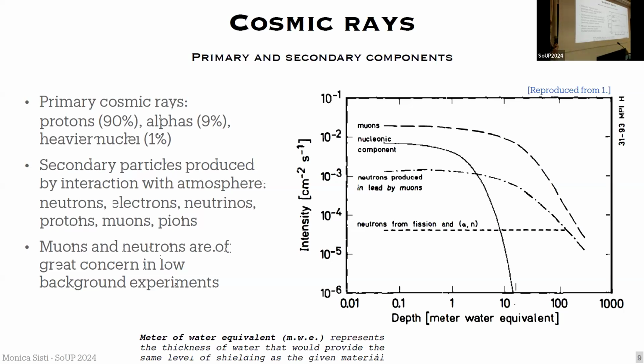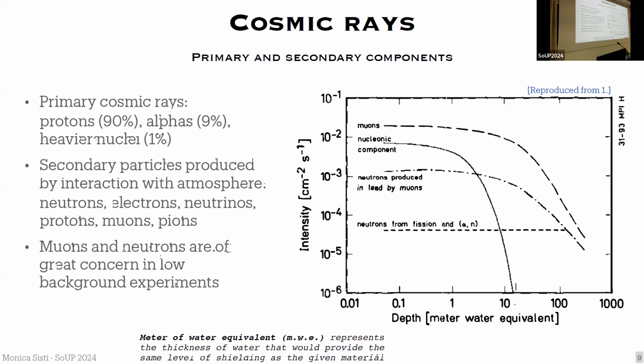The maximum production of these secondary particles happens at about 14 kilometers of height. And then the intensity decreases, and basically at sea level we have only muons, neutrons, and electrons. And then to get rid of this, we go underground.